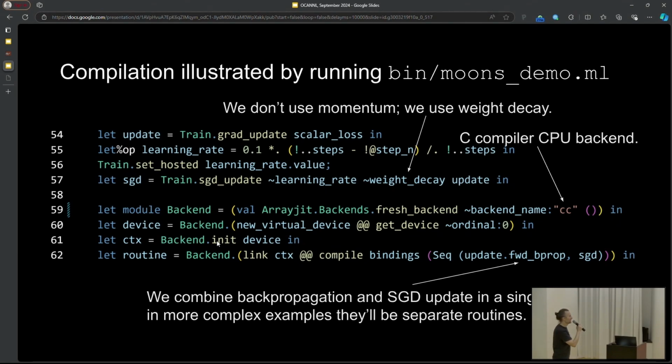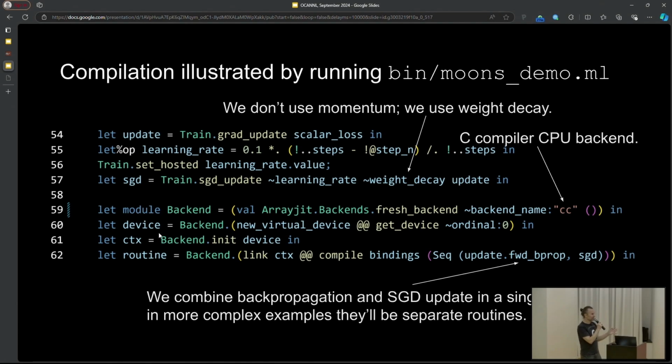All right. And so, to get something out of the computations, we need to select a backend. So what we'll use for compiling, here it will be a C compiler. We'll create a device. If a CPU has multiple cores, we can derive a device for each of the cores of the CPU.